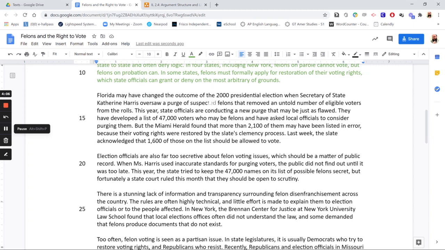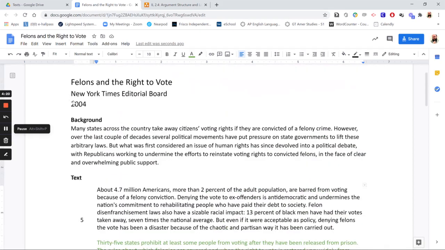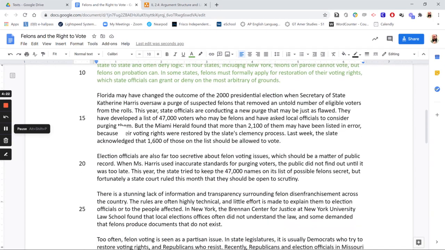Florida may have changed the outcome of the 2000 presidential election when Secretary of State Katherine Harris oversaw a purge of suspended felons that removed an untold number of eligible voters from the rolls. This year, which would be 2004 when this was written, state officials are conducting a new purge that may be just as flawed.